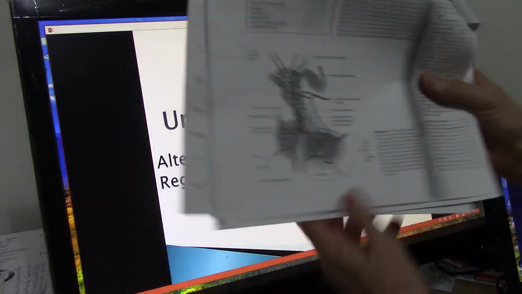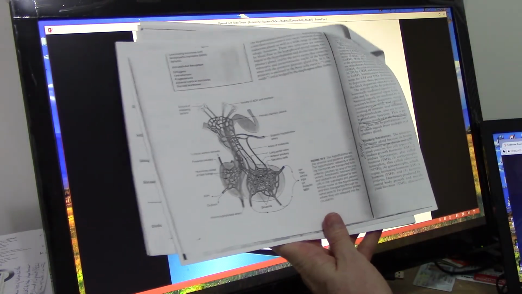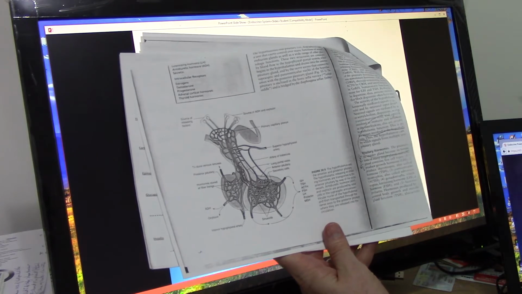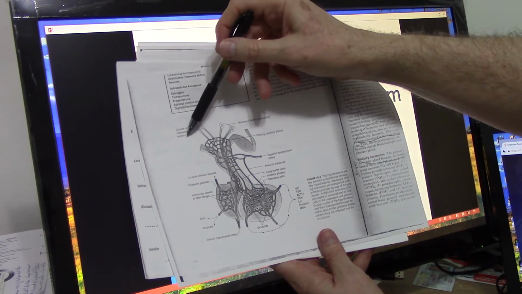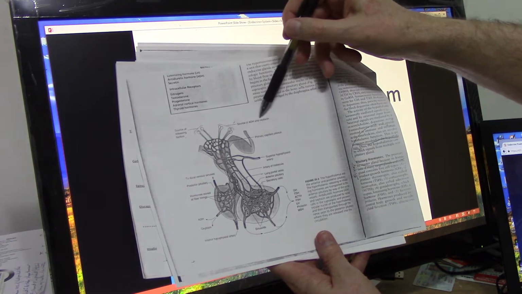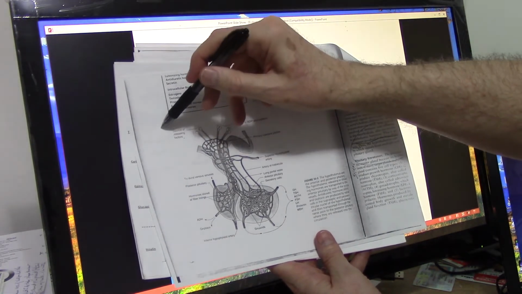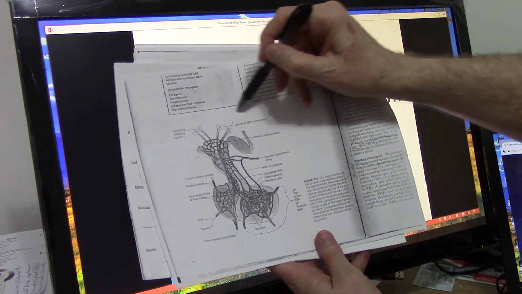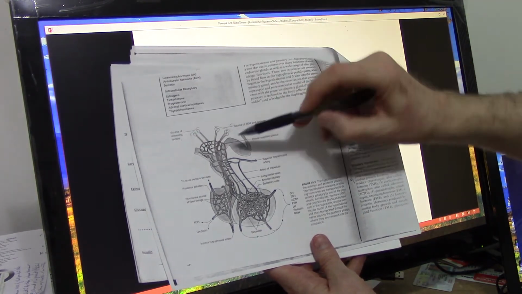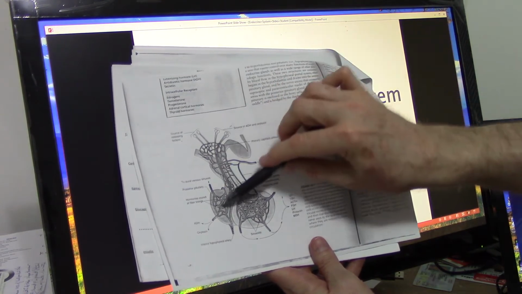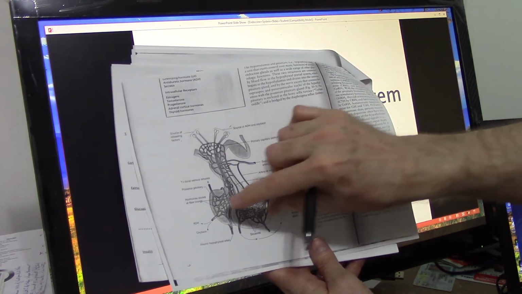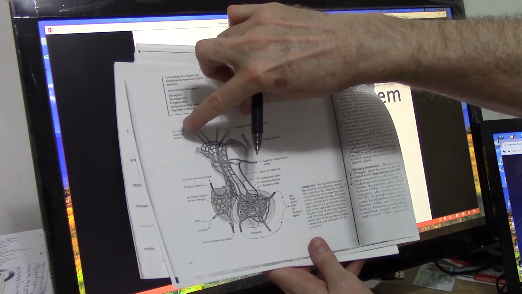Okay. Here's another close-up view. I really like this image of the anterior pituitary. Now, notice up here it says source of releasing factors and source of ADH and oxytocin. Well, that source is the hypothalamus. You can just write in hypothalamus right above that. Here is the stalk that we talked about that connects the anterior and posterior pituitary to the hypothalamus up above.